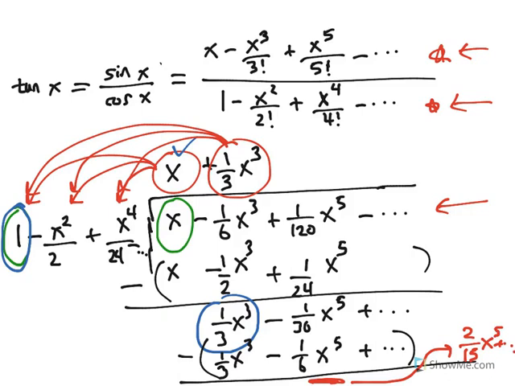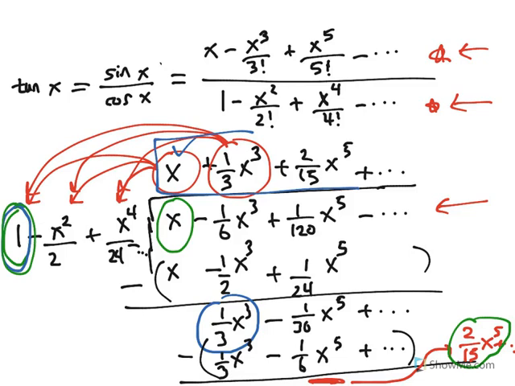And continuing with the algorithm, you're going to divide this term by the lowest degree term of the divisor, and that would give 2/15 x to the 5th. And I don't really need to do anything beyond that, because all I wanted was the first three non-zero terms in the Maclaurin series for tangent of x, and I already have the first three non-zero terms of the Maclaurin series for tangent of x.